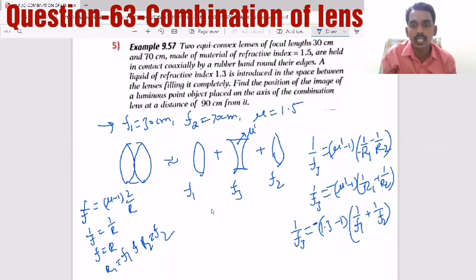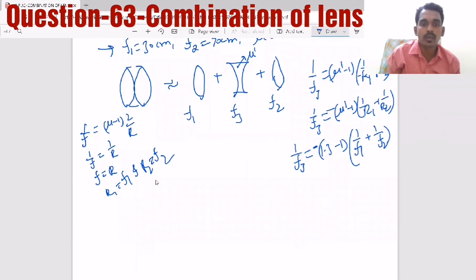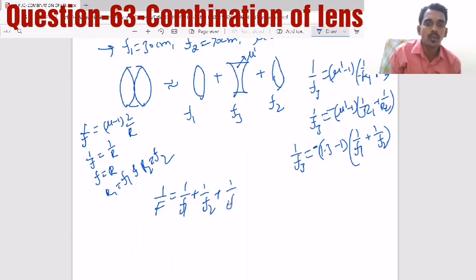So f1 is now 30, f2 is 70. You substitute, then you will get 1 by f3. Then 1 by f will become 1 by f1 plus 1 by f2 plus 1 by f3. Then you will get the resultant combination.